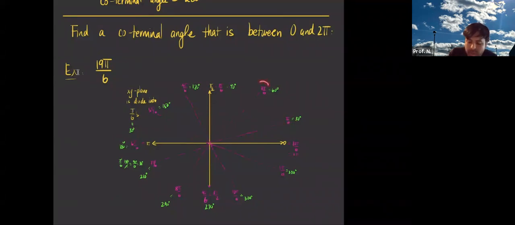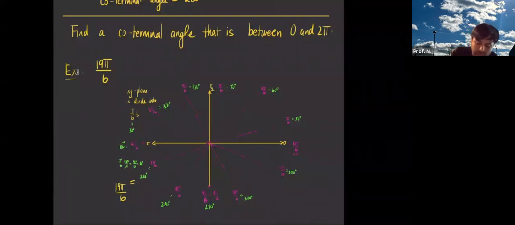And then 14 pi over 6, 15 pi over 6, 16 pi over 6, 17 pi over 6, 18 pi over 6, 19 pi over 6. So 19 pi over 6 is coterminal to 7 pi over 6.